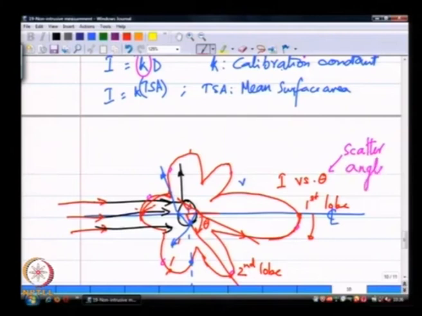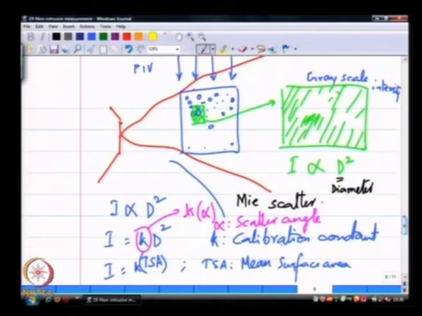So, if I take an imaging frame like this, I need to know the scatter angle for all the points in this imaging plane.